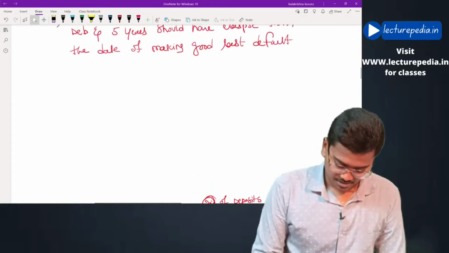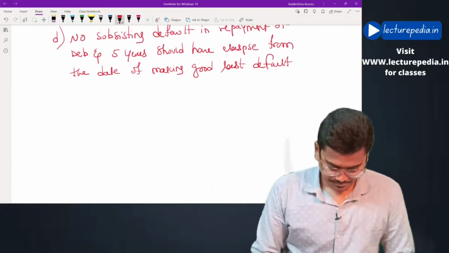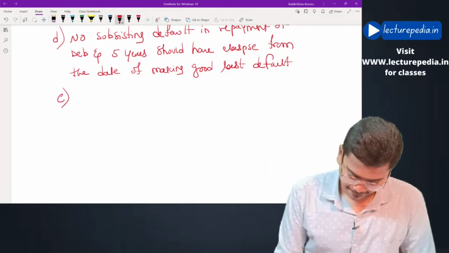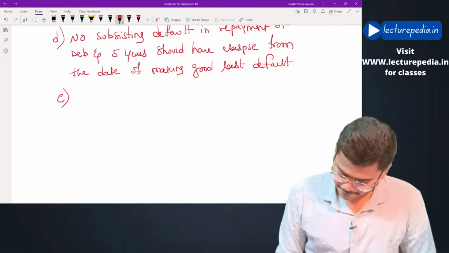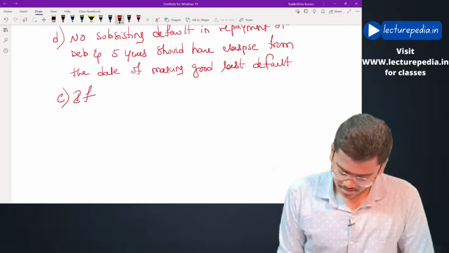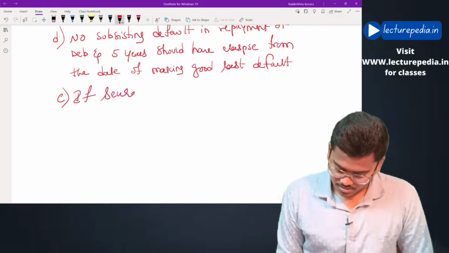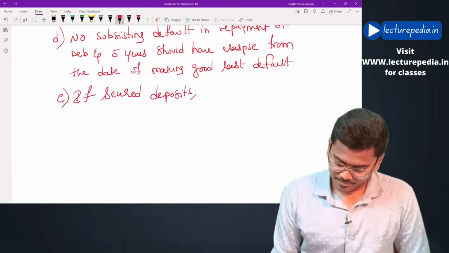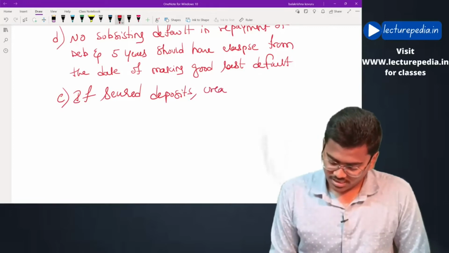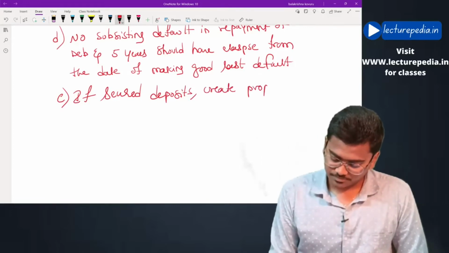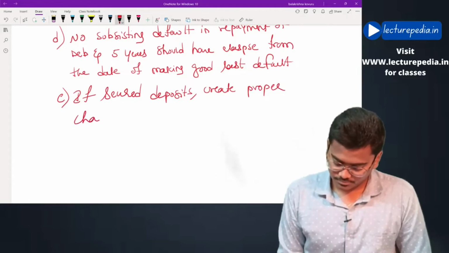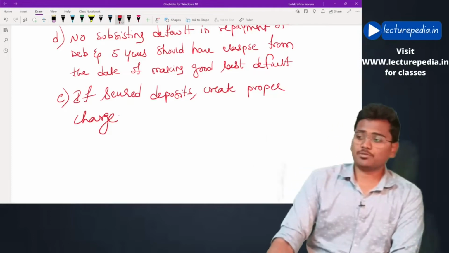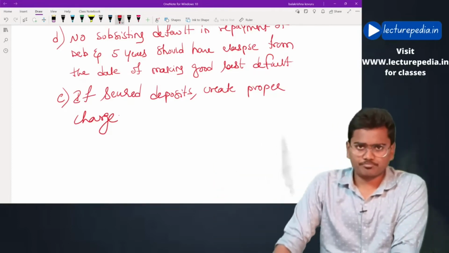Now the final condition: if secured deposits, create proper charge. See, basically the company is raising deposits from the public or the members.